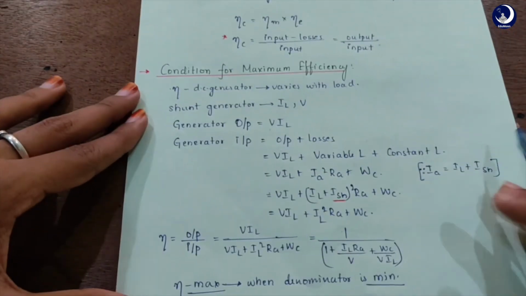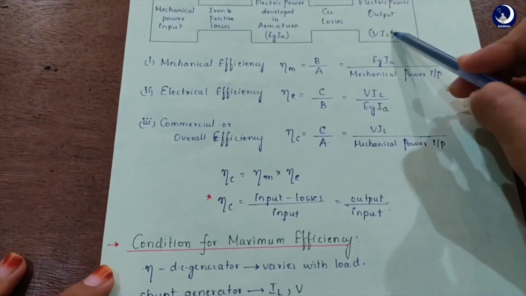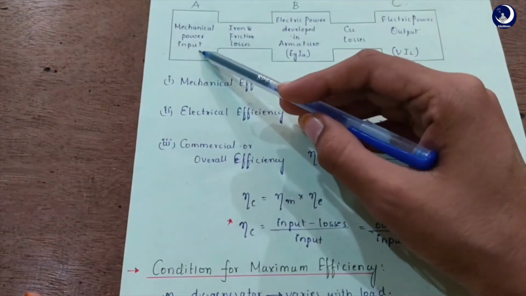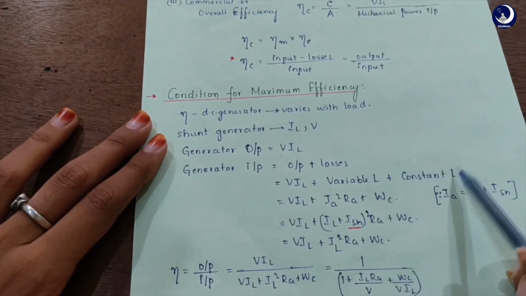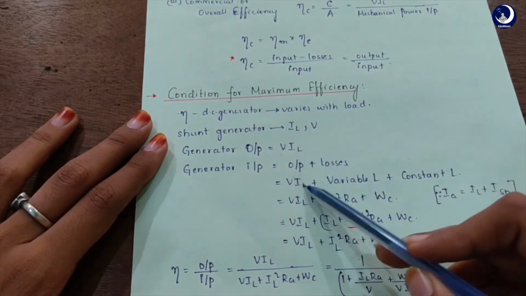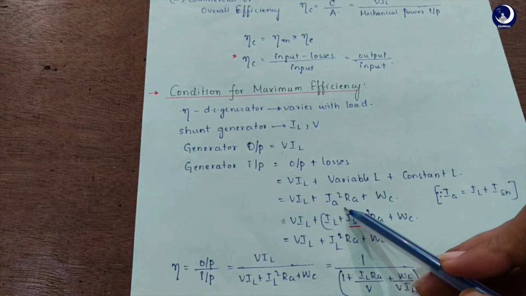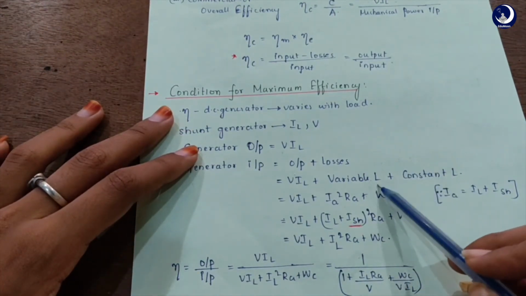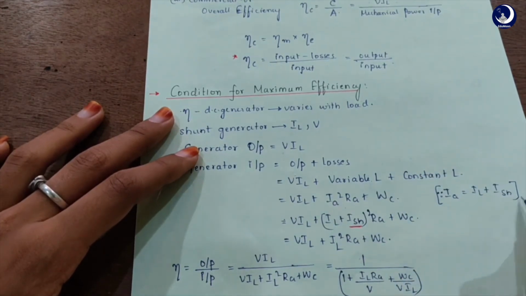For the condition for maximum efficiency, the generator output is V into IL, whereas the generator input is output plus losses. The losses are variable loss plus constant loss. The output is VIL, the variable losses are IA square into RA, and the constant losses, let them be Wc. The armature current IA is IL plus ISH.